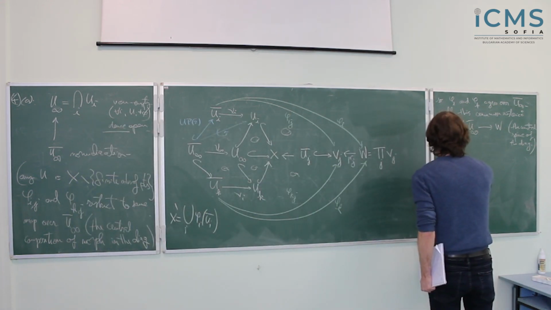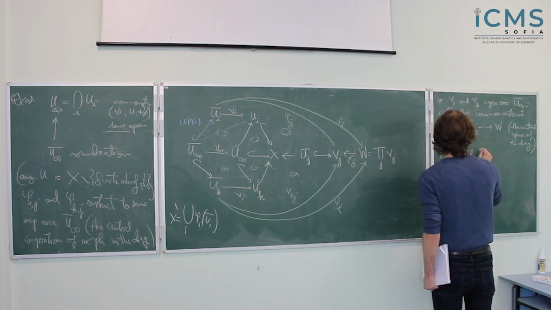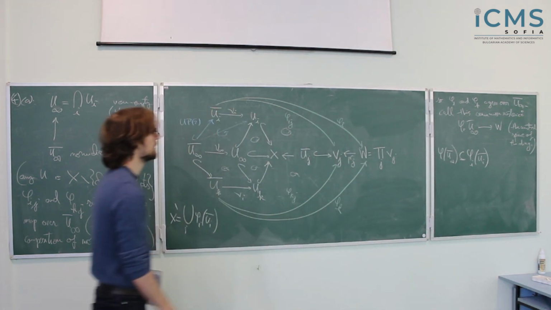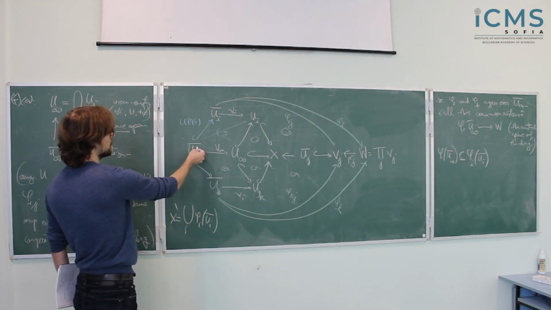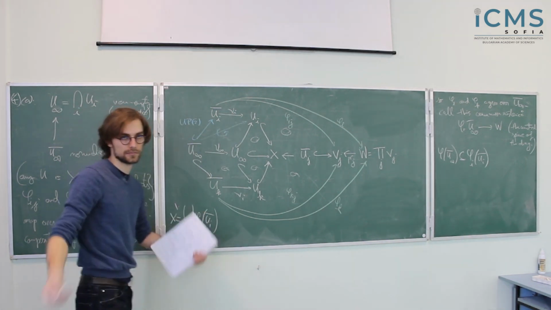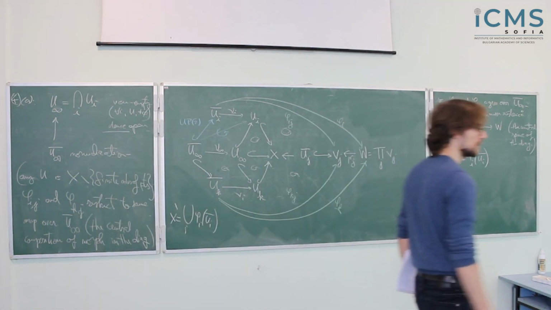So obviously, I can include the image of U infinity inside the image of phi I. Pretty obvious, because of the inclusions of this space.